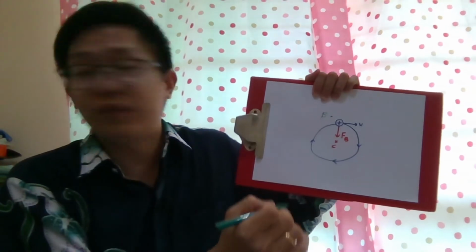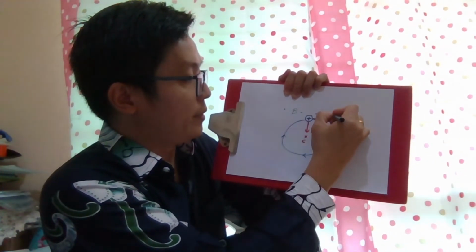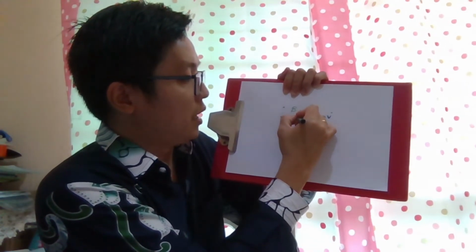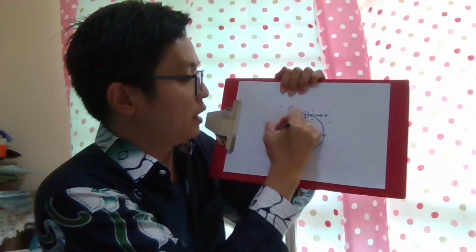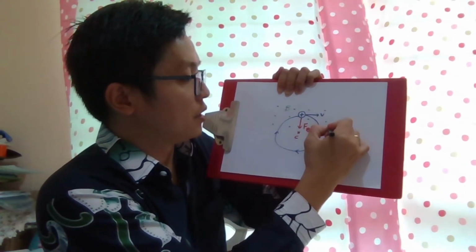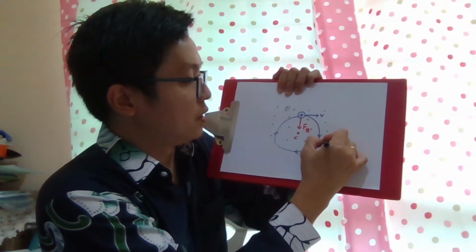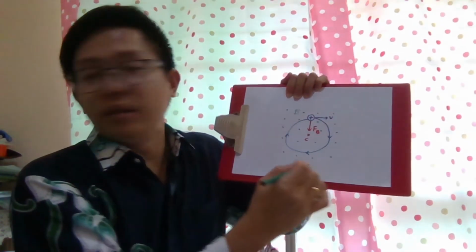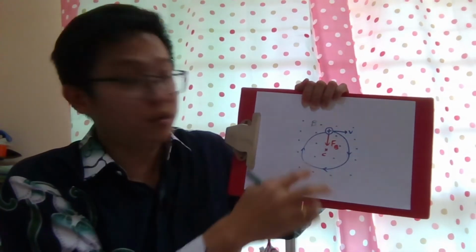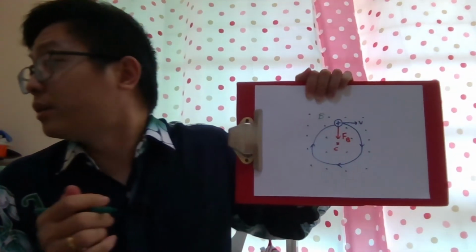The dot means going out of page. Understand? This is the direction of the magnetic field.